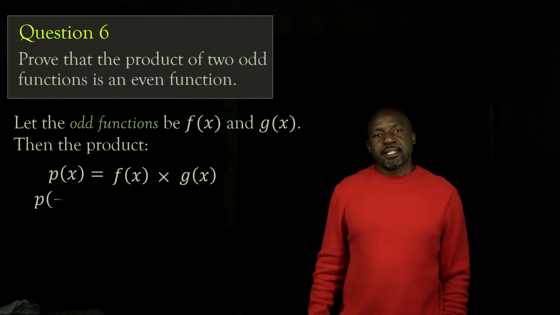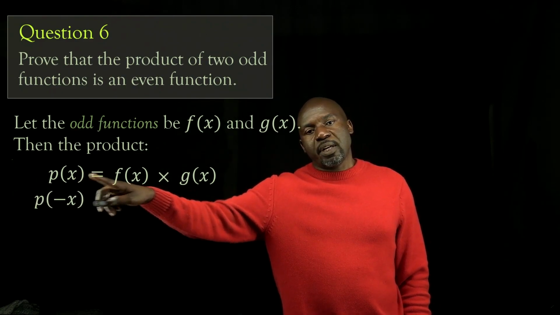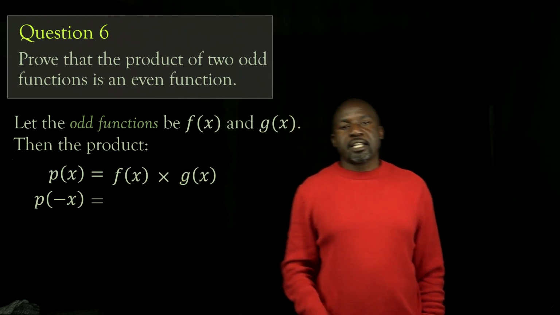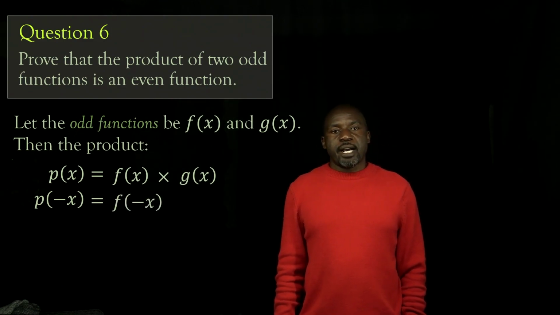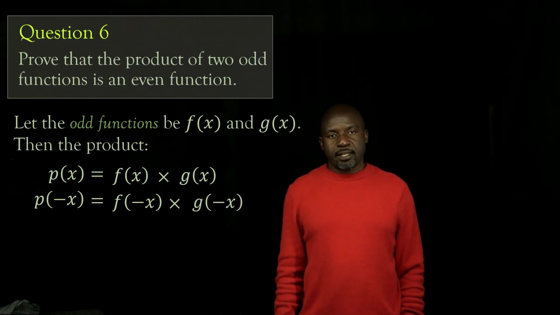So p of minus x is equal to, in other words, where there is x, we remove it and put negative x. So p of minus x must be equal to f of minus x times g of minus x.